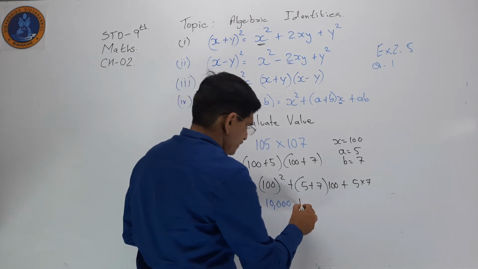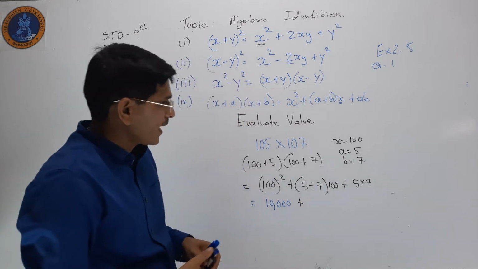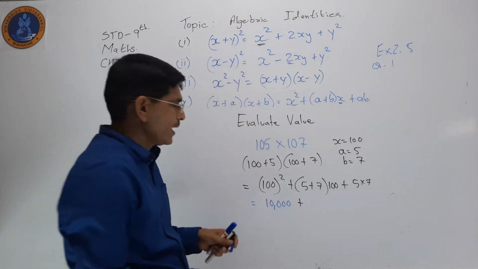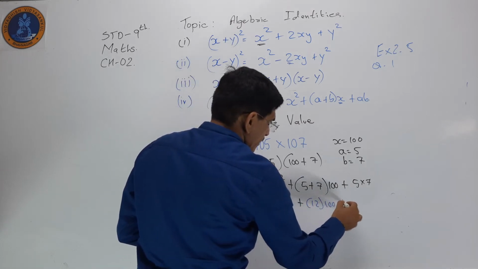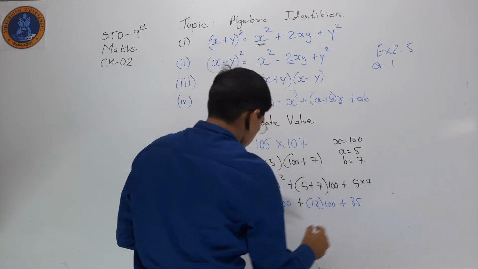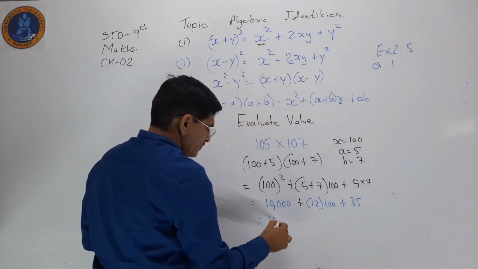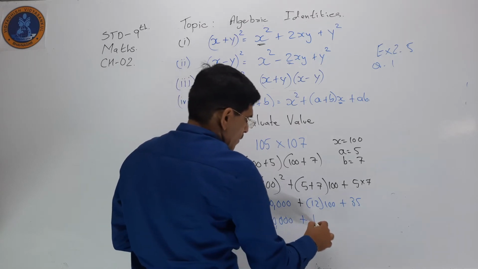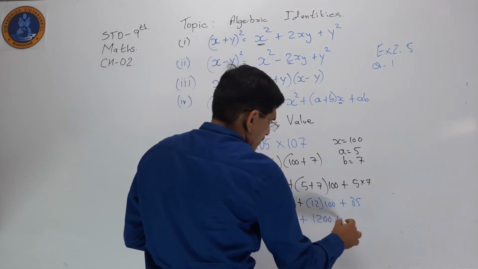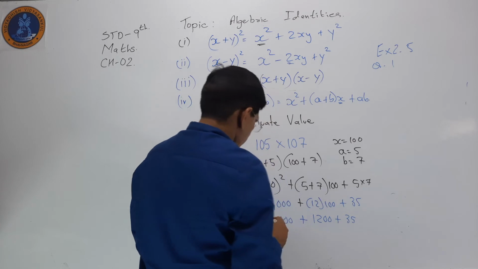Here 5 plus 7, that is 12, into 100 plus 35. So 10,000 plus 1200 plus 35.